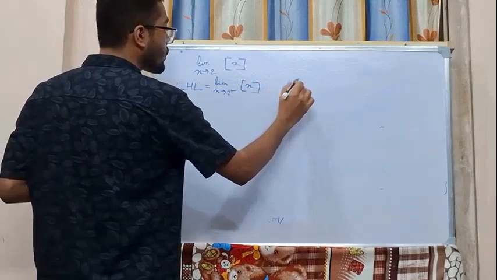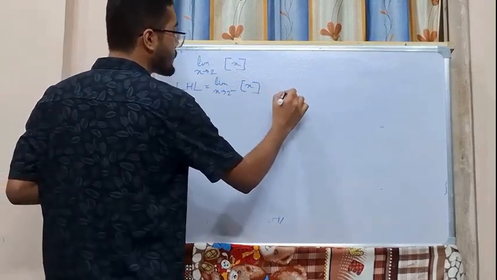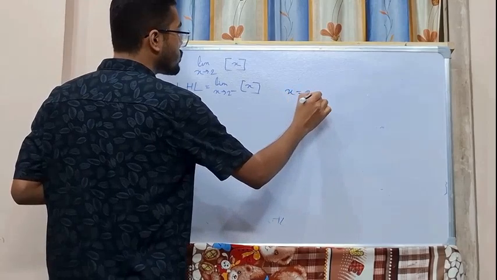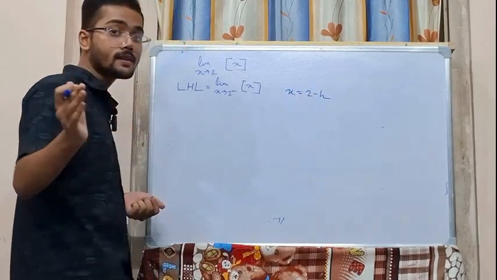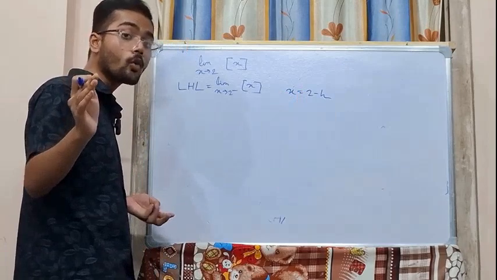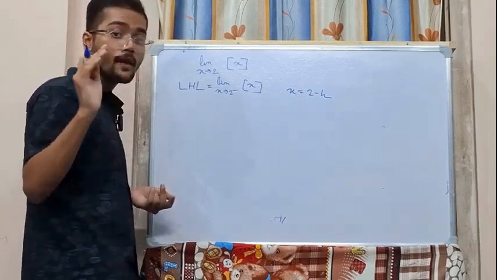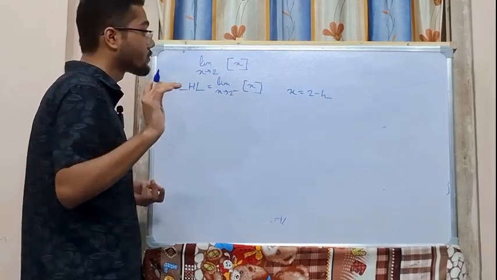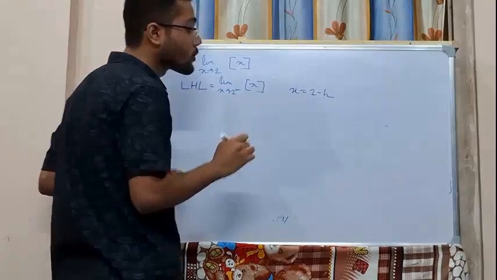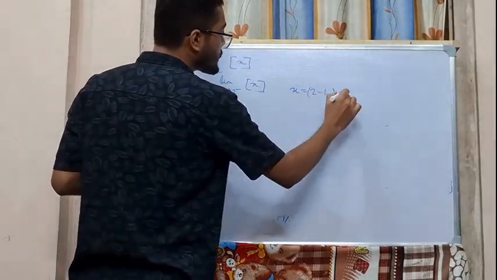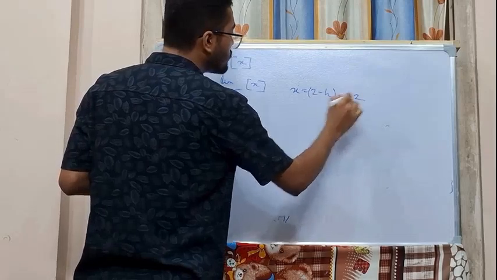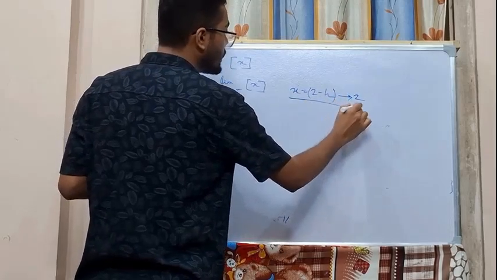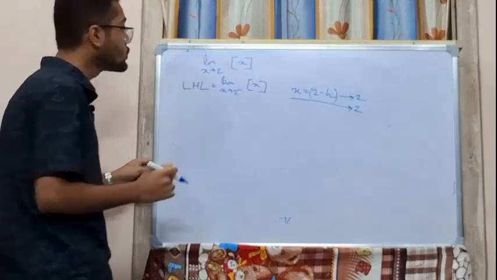We have to consider a value h such that x is equal to 2 minus h, where h is a positive number very close to 0. That's why 2 minus h is very close to 2, x is very close to 2, x is tending to 2.